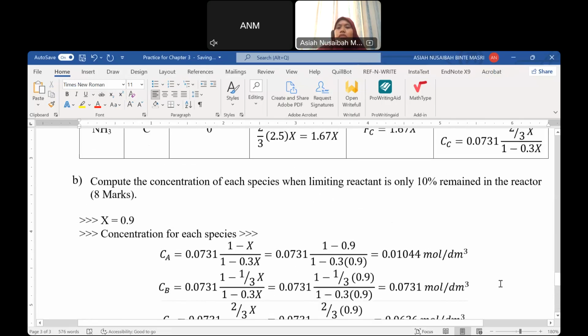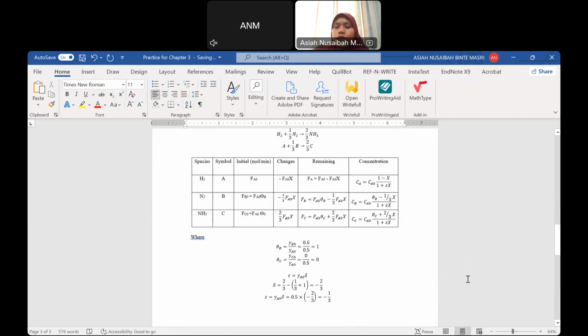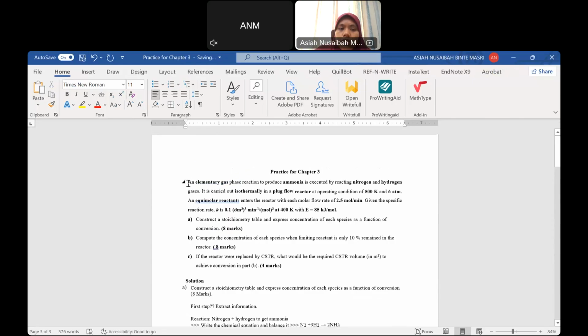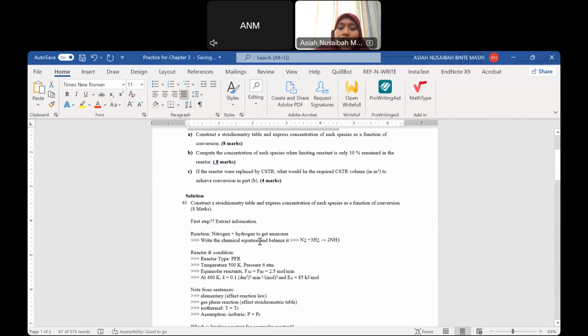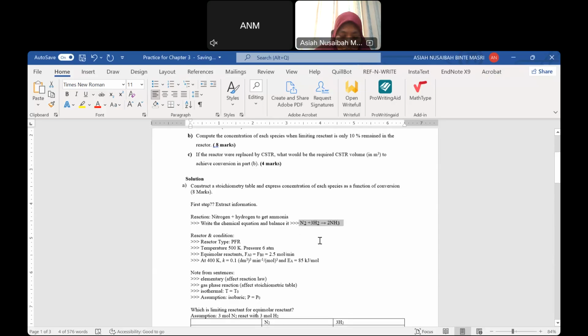Okay. You can always recheck your equation, whether you have fulfilled answering all the questions. So we have already learned how to extract information and translate it into useful information like this. You have to know how to write chemical formulas and how to balance them. Those are basics, so you have to do that.